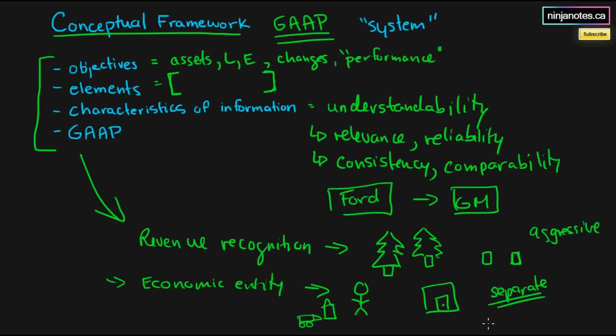I must have one set of books for me as an individual person, and one set of books for my company. So it states that the economic interest of my company should be separate between myself and my company. So that's another GAAP concept that we should comply with.